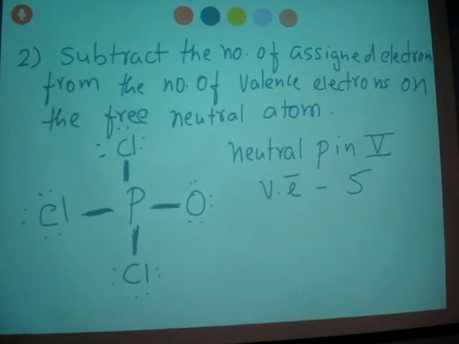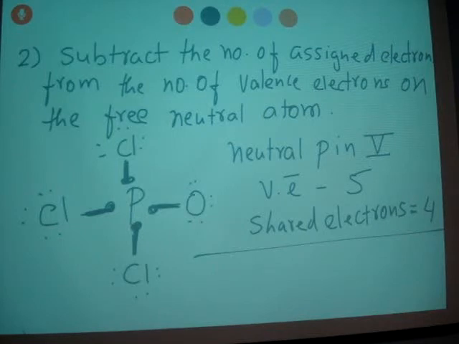So how many shared electrons are assigned to phosphorus? 4. So 5 minus 4, and you get a formal charge on phosphorus of +1.